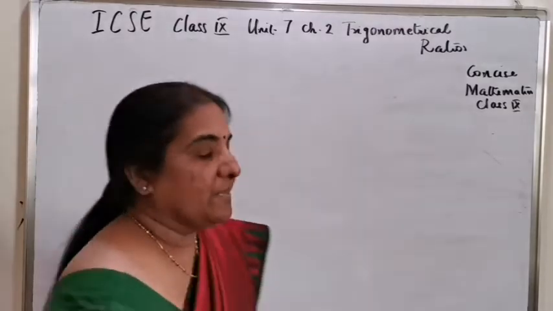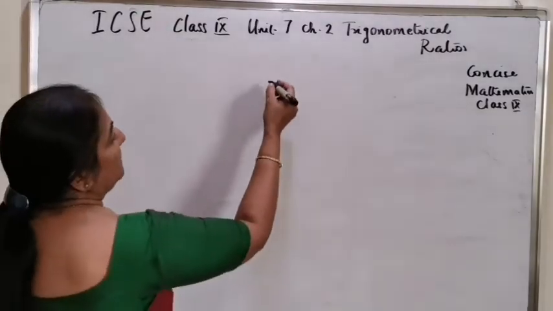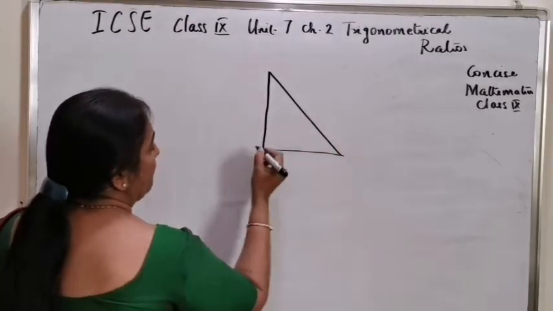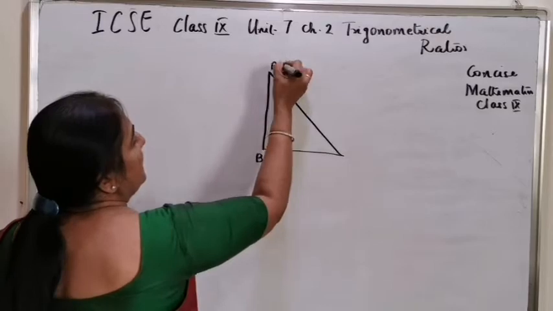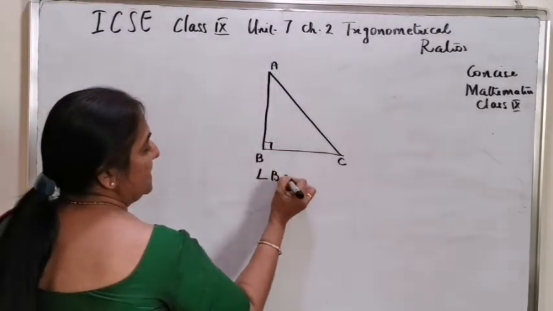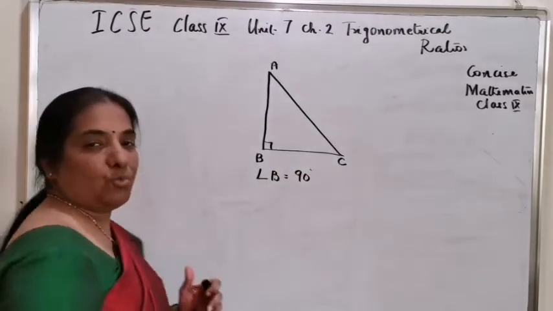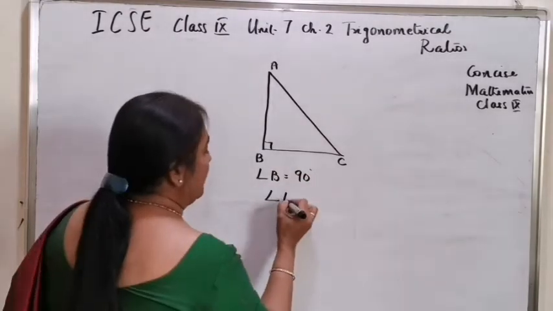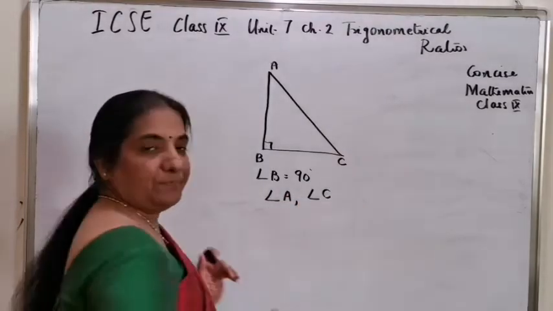That is, if you take a right triangle ABC, right angled at B, angle B is 90 degree. So what can you say about the measures of angle A and angle C?